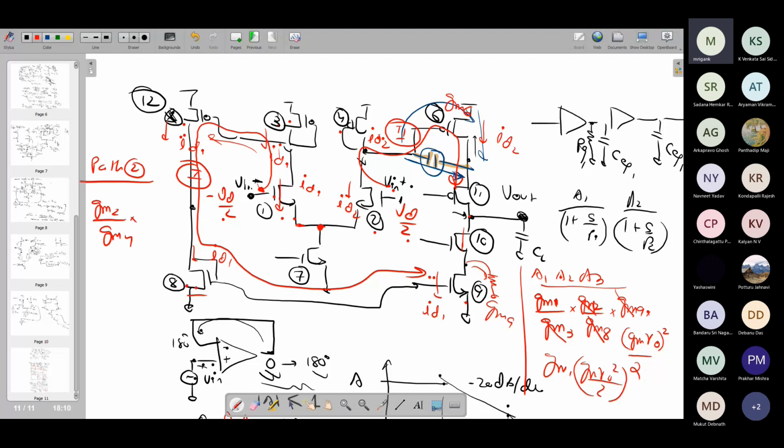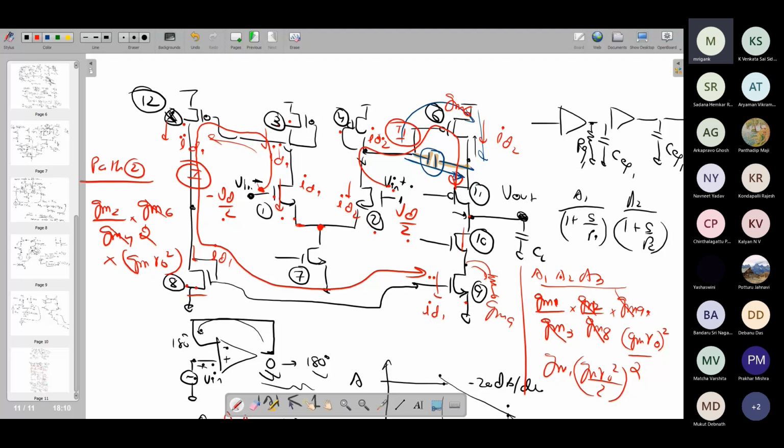And second stage, once again, GM6, which is same as GM4, so it gets cancelled by GM4 multiplied by whatever is the impedance. So a 1/2 factor will come, and you multiply by GMRO square impedance. Same thing, this gets cancelled. GM2 comes into picture, and GMRO square comes into picture.